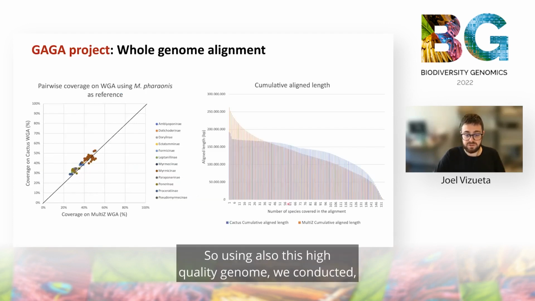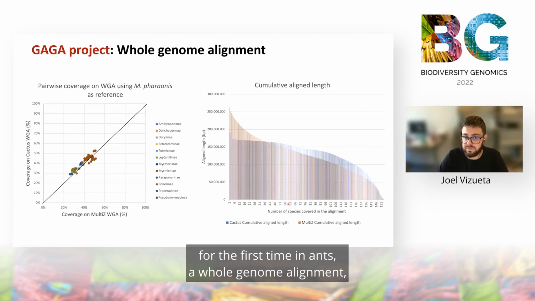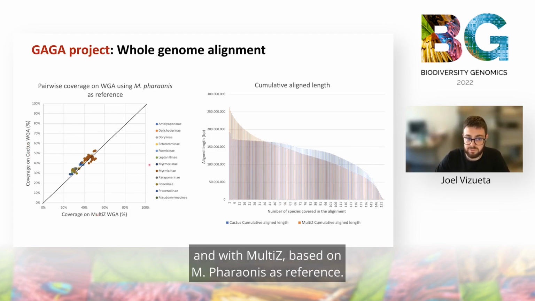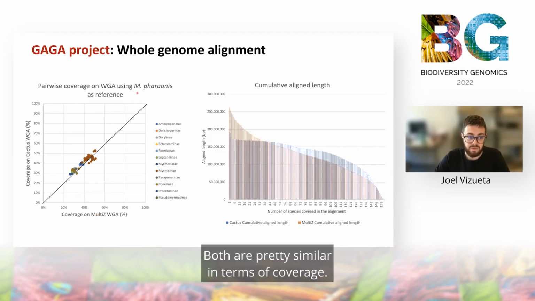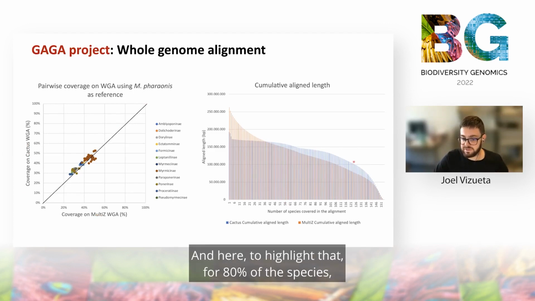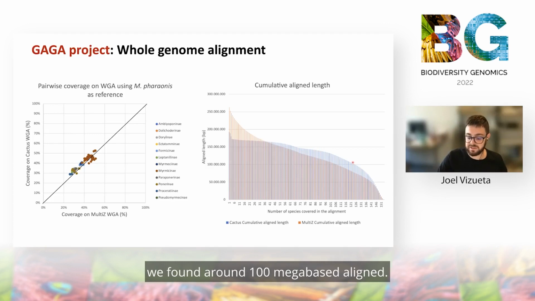Using this high quality genome data, we conducted for the first time in ants a whole genome alignment, for which we used two methodologies. One is Cactus, which is a reference-free genome alignment, and the other is MULTIZ based on a Monomorium pharaonis reference. Both are pretty similar in terms of coverage, and here we highlight that for 80% of the species, we found around 100 megabases aligned.